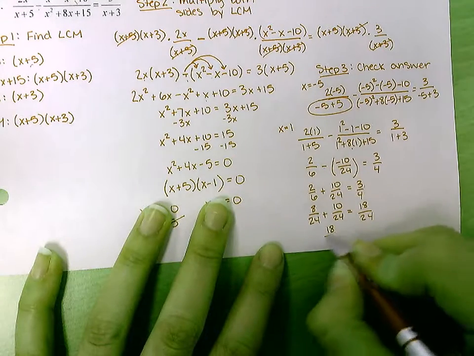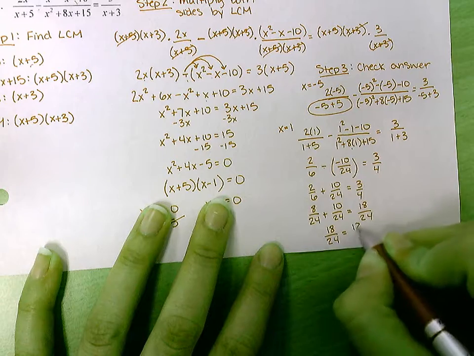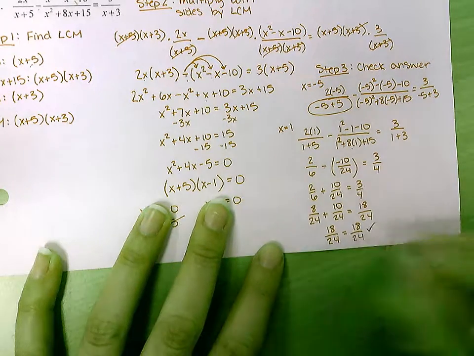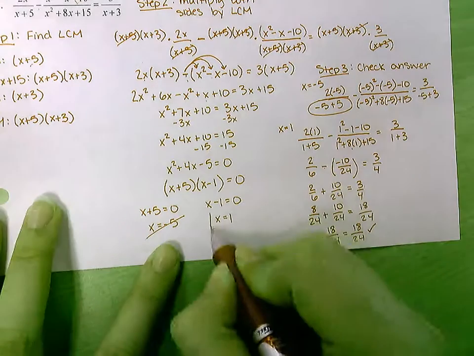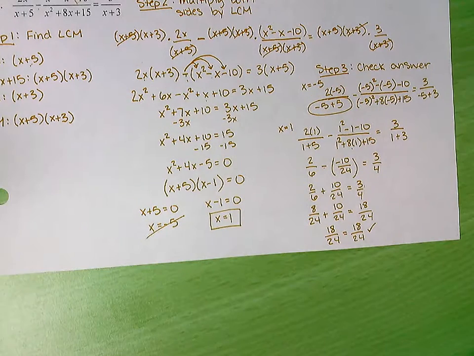And we do get 18 over 24 equals 18 over 24. So that does work, meaning our solution is x equals 1. Does that make sense? What we're doing? Multiplying by the LCM.